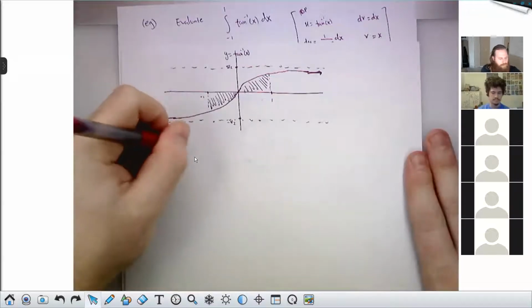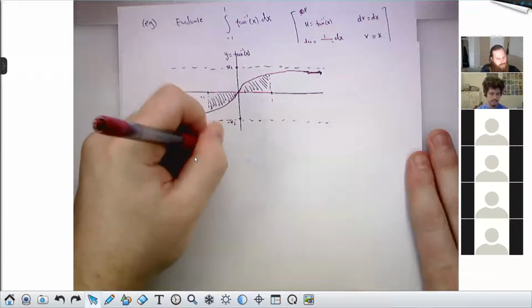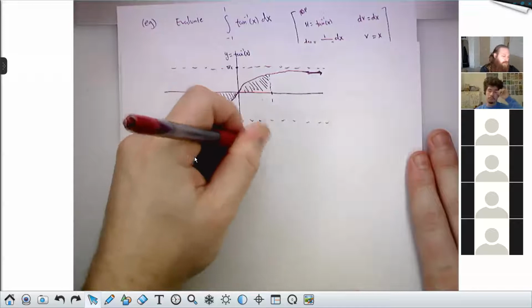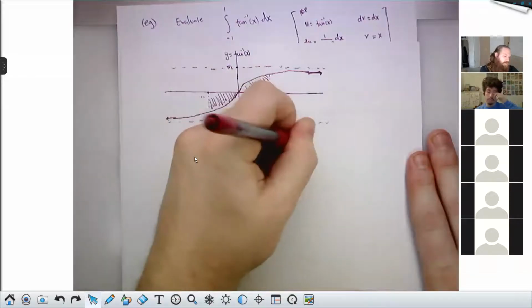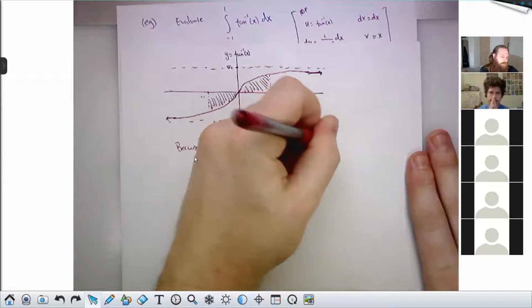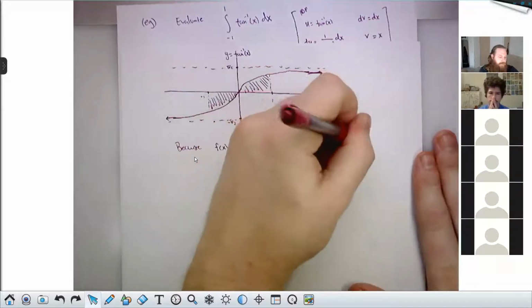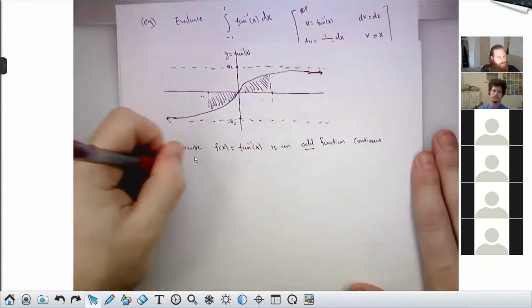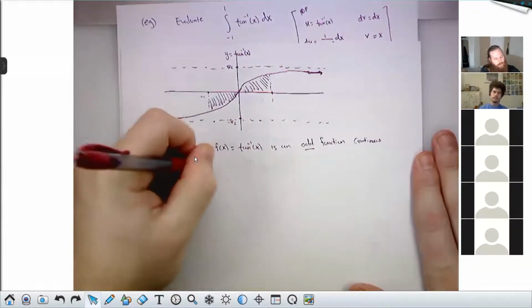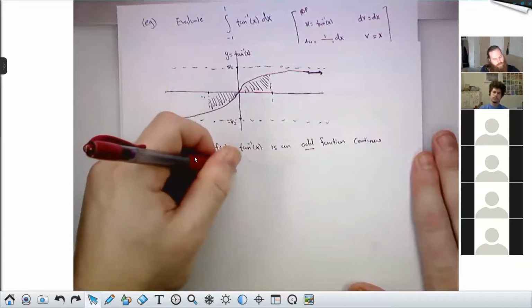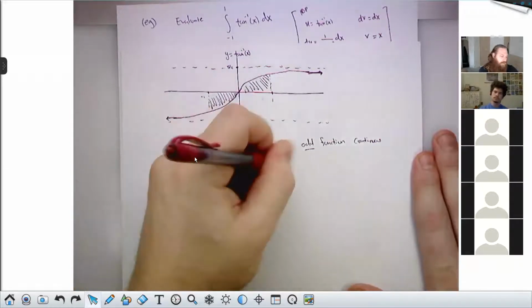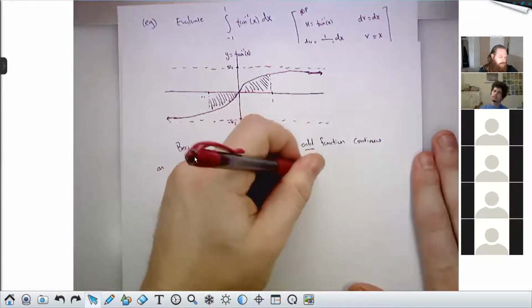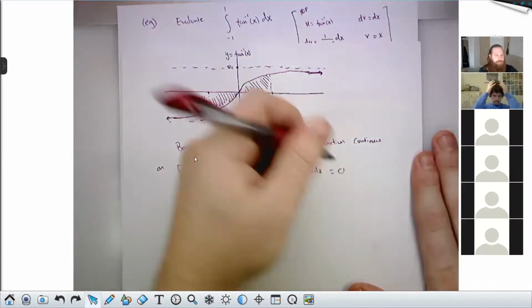So because f of x equals inverse tangent of x is an odd function, continuous on the interval -1, 1, it follows that the integral from -1 to 1 of the inverse tangent of x dx is 0.